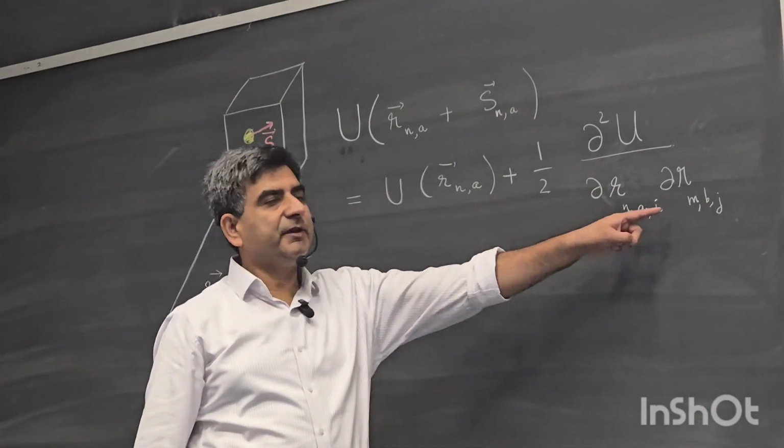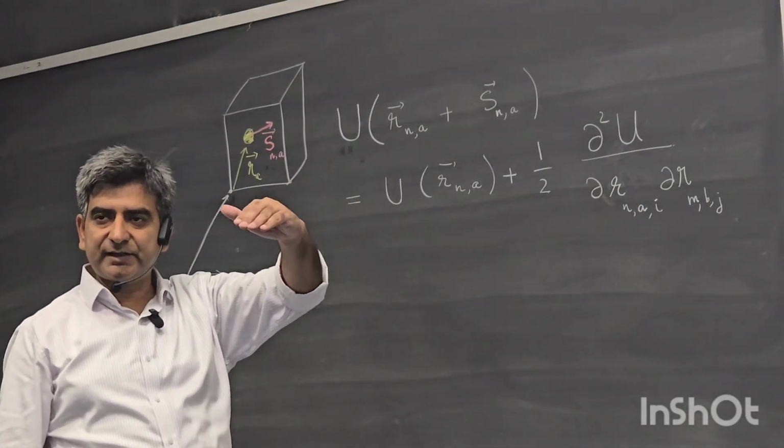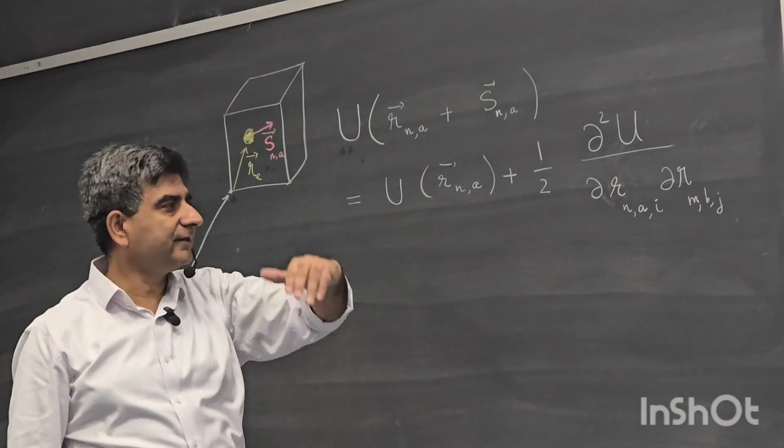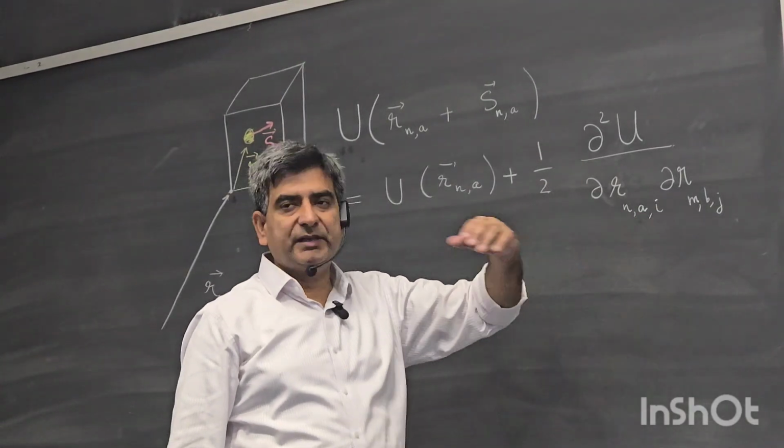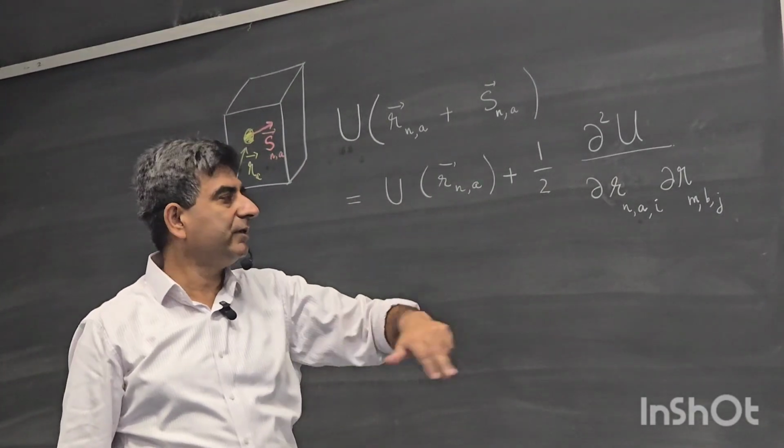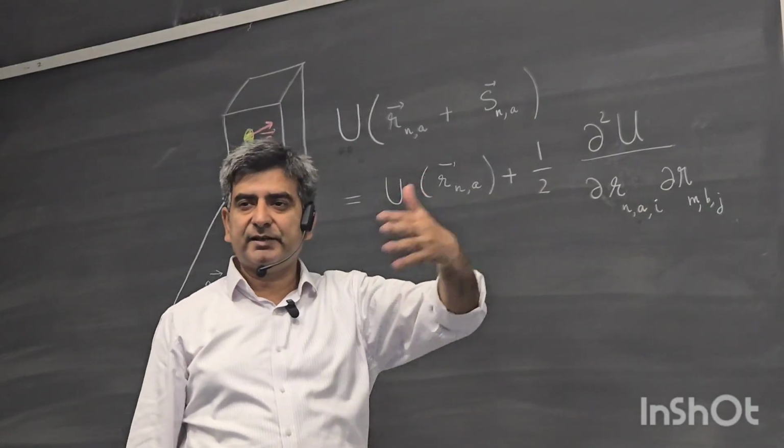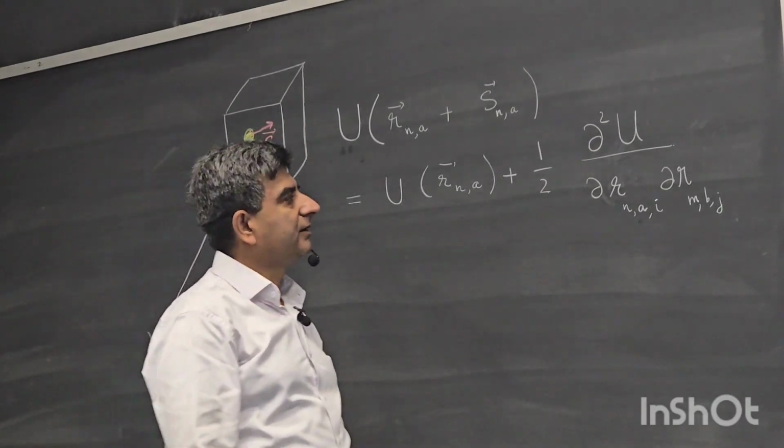So n and m represent the indices of the unit cells, α and β represent what atoms we're talking about, and i or j represent the X, Y or Z direction.